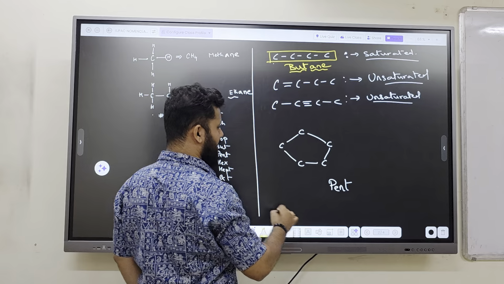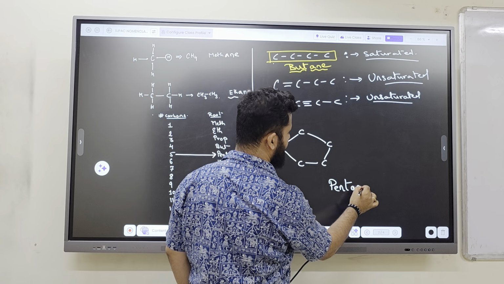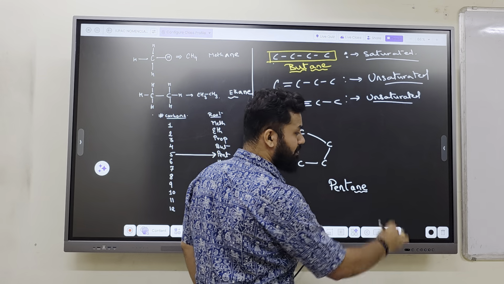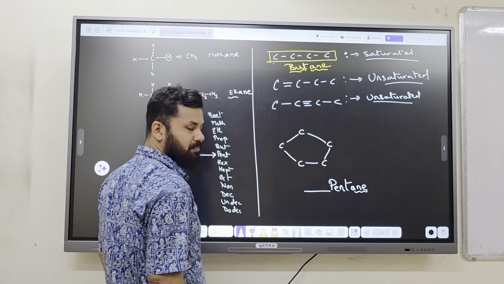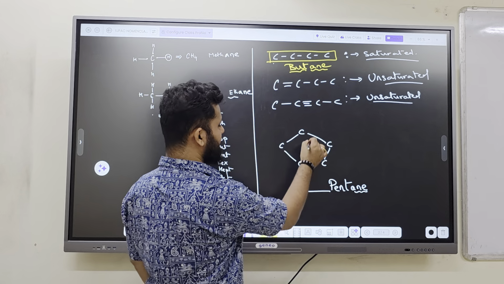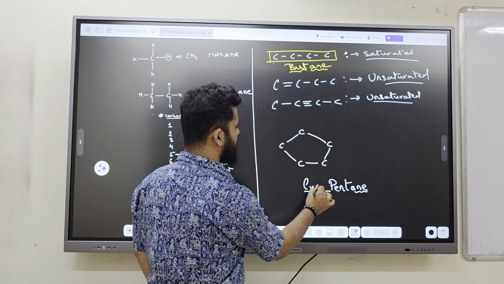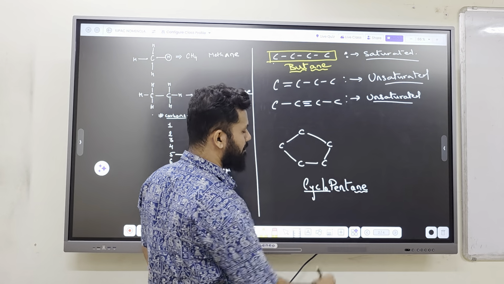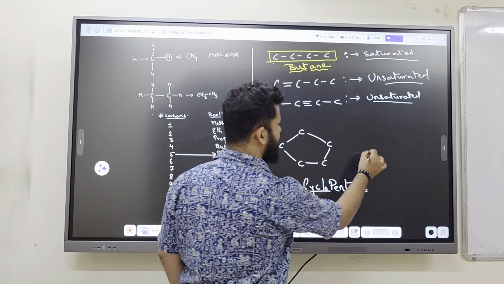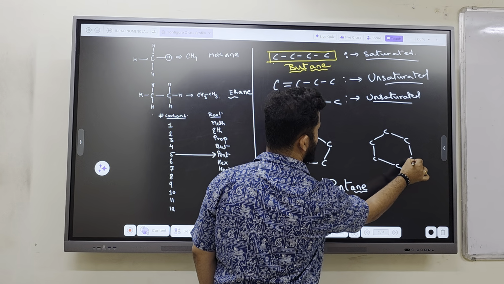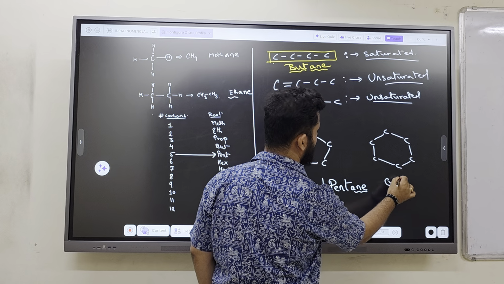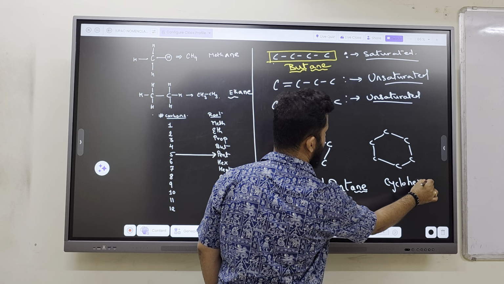All are single bonded, so it would become ane. The primary suffix would become ane. Now think about the primary prefix. Is it cyclic? Yes. So the name would become cyclopentane. Likewise, the name of this guy would become cyclohexane.